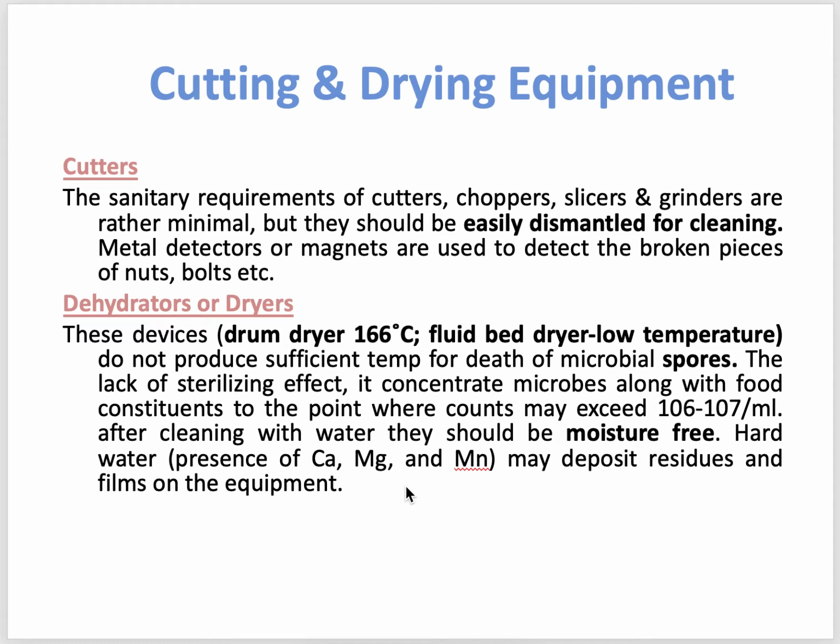What kind of problem? Hard water contains different types of metallic ions like calcium, magnesium, and manganese. These ions can deposit as residues on the equipment, and they can make a kind of film on it.